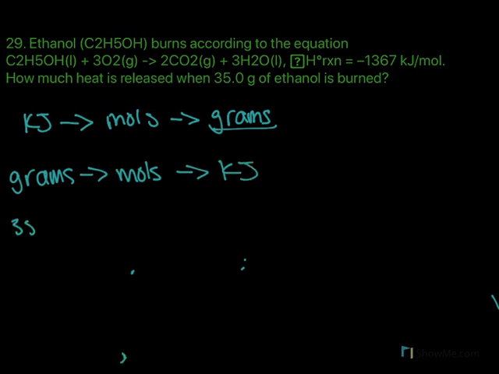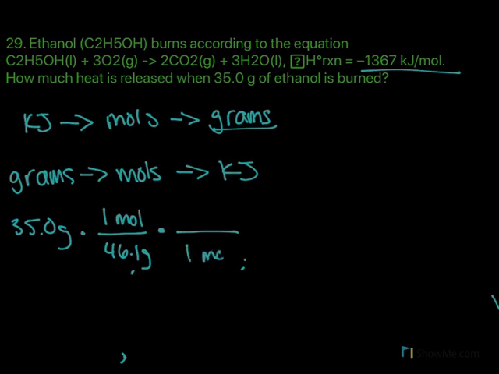We start with what we have, 35.0 grams, times the molar mass, 46.1 grams per 1 mole, times this other number we have, 1 mole for every 1,367 kilojoules. So we'll cross out all our units, multiply this, and you get 1,040 kilojoules. I mean, I got 1,038, but close enough.